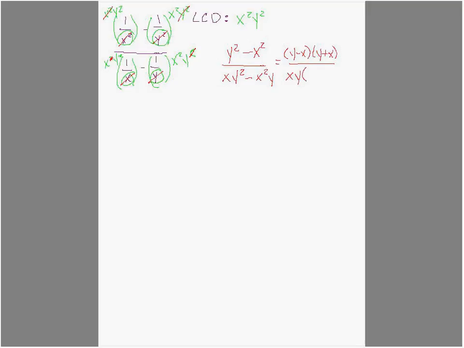Once we factor out an xy, we're going to have y left over, and then minus x. Okay? So now we can cancel where we can. The y minus x will cancel with the minus x, y. So our final solution then will be y plus x over xy.